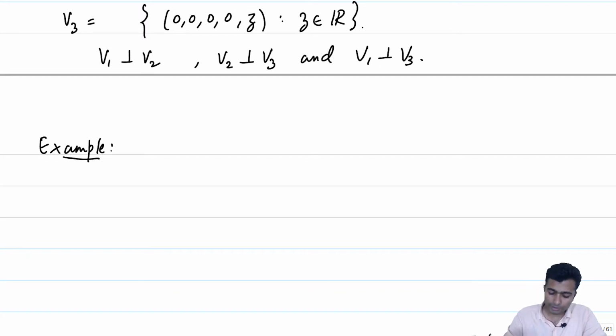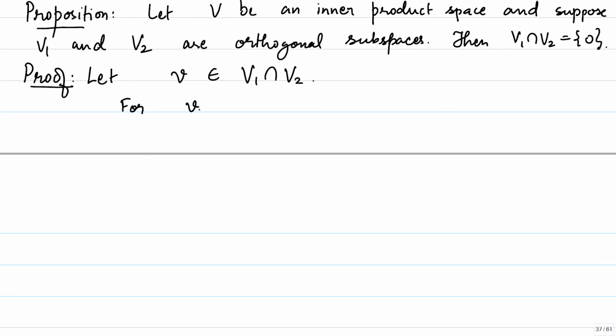So, let us look at one more example. Let V1 be the 0 subspace. For v1 in capital V1 and v2 in capital V2, we have the inner product of v1 and v2 to be equal to 0.